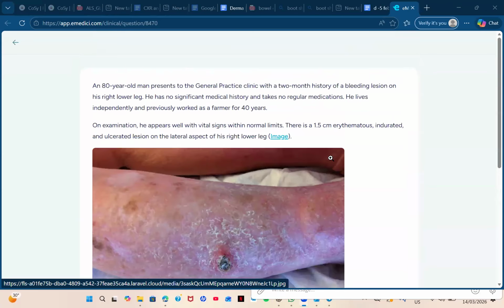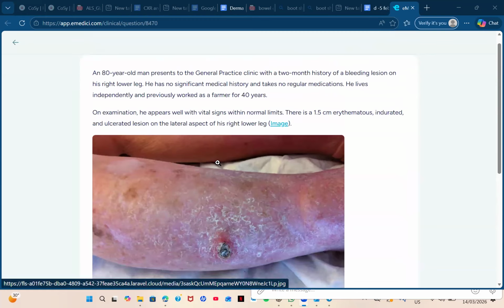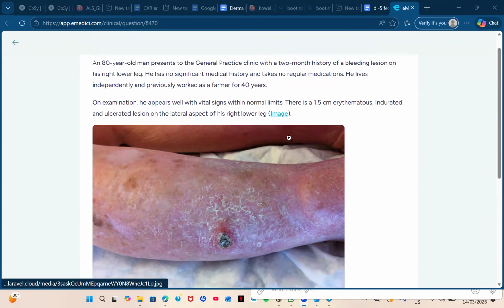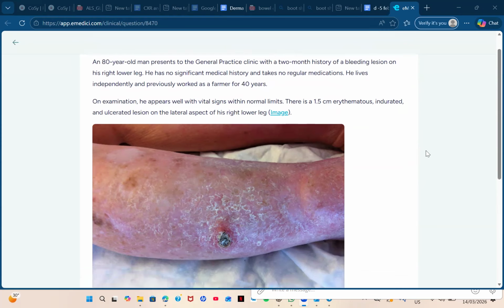Okay, this question I remember. An 80-year-old man presents to the general clinic with a 2 months history of a bleeding lesion on his right lower leg. He has no significant medical history and takes no regular medications. He lives independently and previously worked as a farmer for 40 years. On examination, he appears well with vital signs within normal limits.